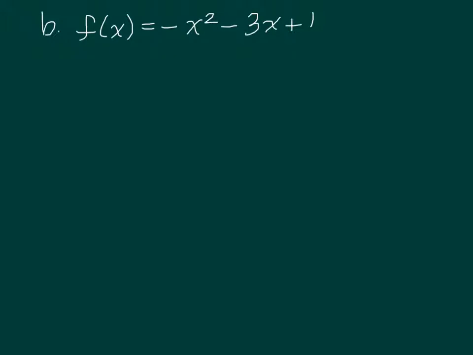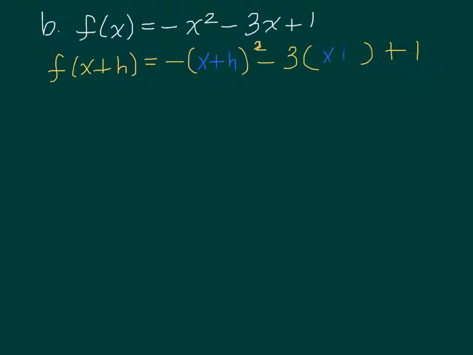Okay, here's our last example. We have f of x. We just have to find f of x plus h. So everywhere you see an x, you're going to plug in x plus h. X plus h. X plus h. All right, see that square?